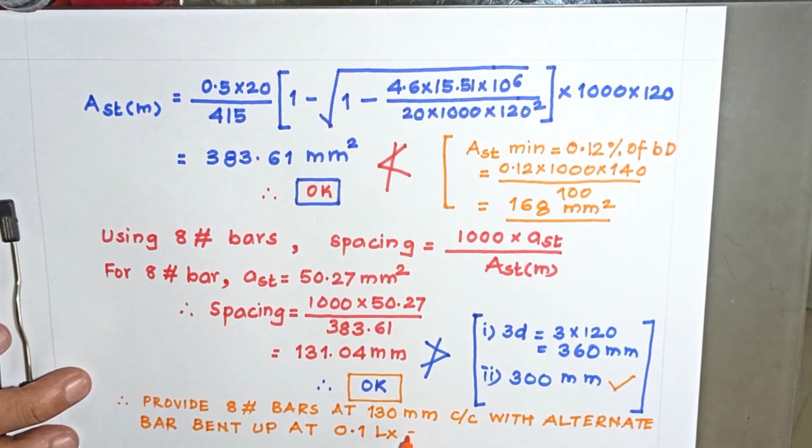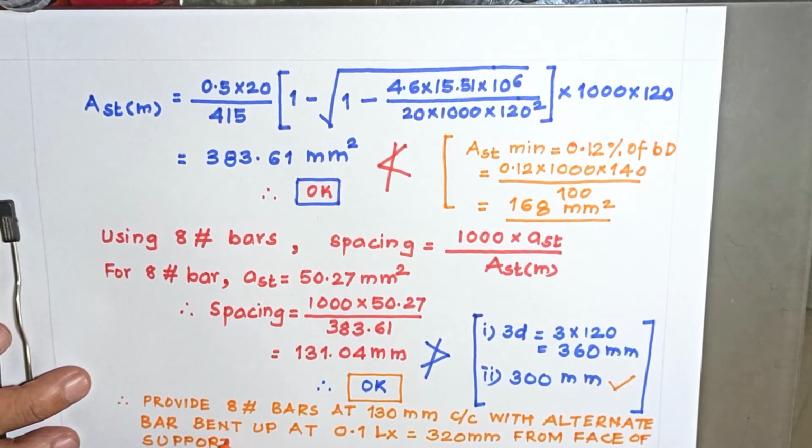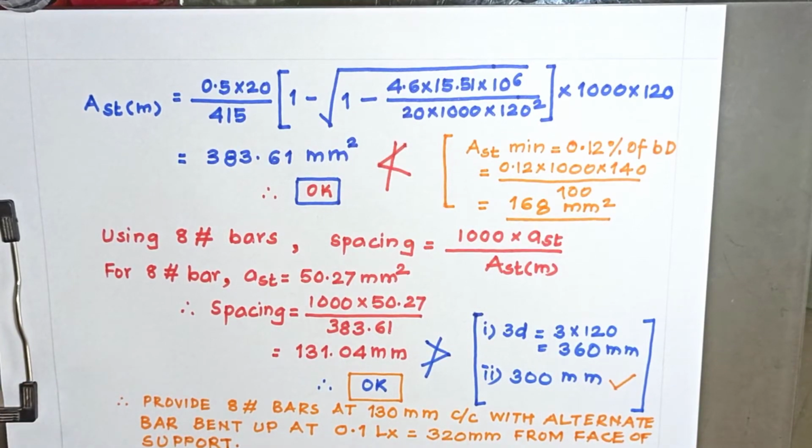What is Lx? 3200 by 10 means 320 mm from the face of support. So the design of main reinforcement is complete.